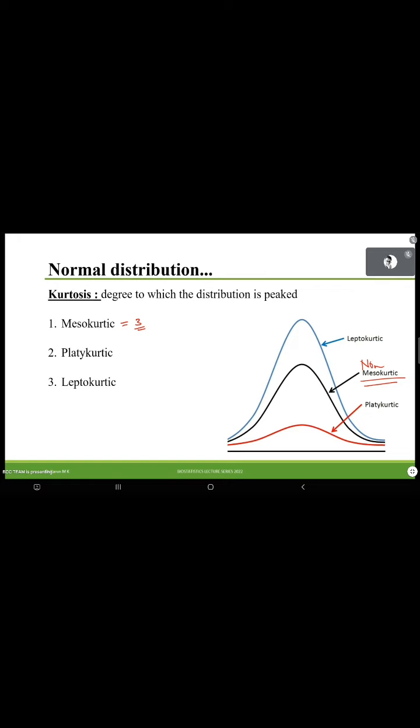The optimal height we anticipate is 3 for a normal curve, and the kurtosis is known as mesokurtic. Sometimes the curve will be, see the red one, very flat, sometimes very tall. So whenever it is very flat, say less than 3, we say it is platykurtic. If it is greater than 3, it is leptokurtic.